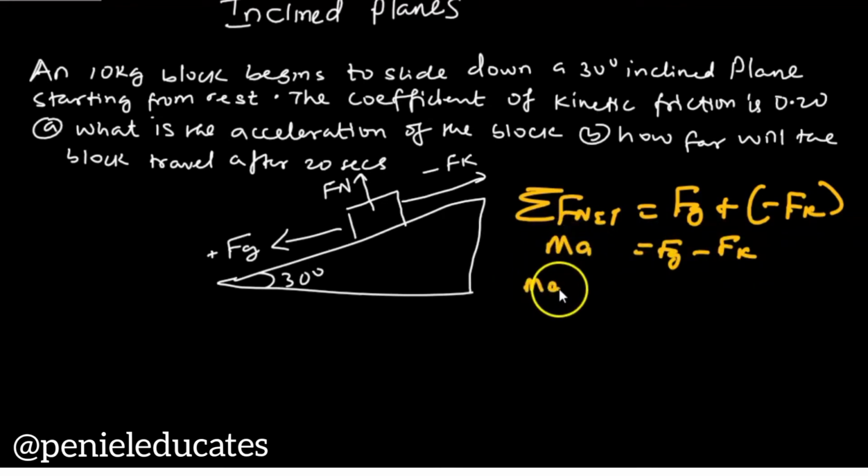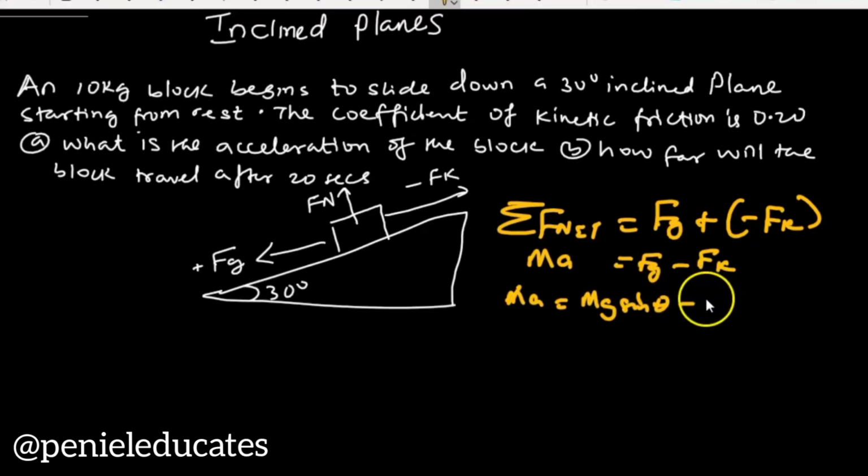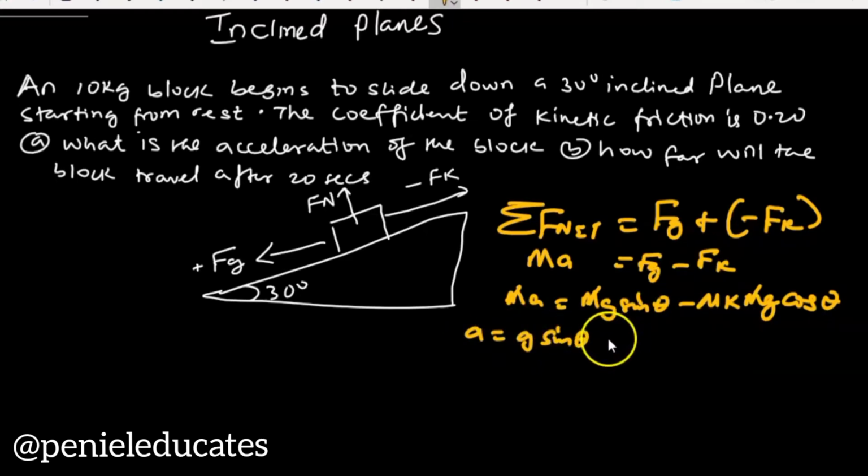So ma is mg sine theta minus mu k mg cos theta. We can cancel out the m, and we have a equals g sine theta minus mu k g cos theta.